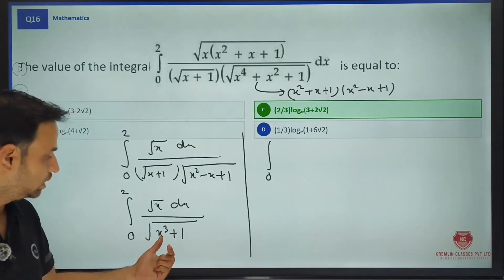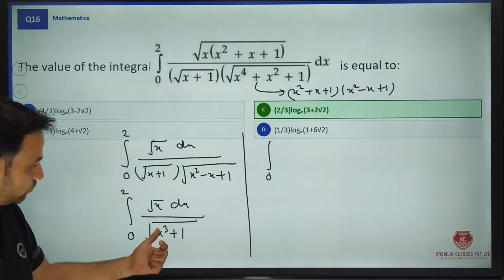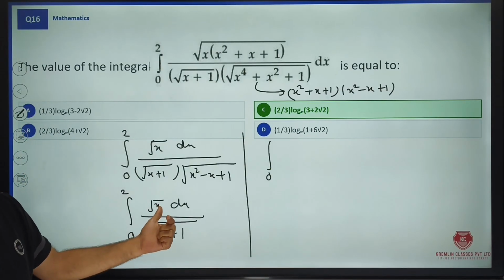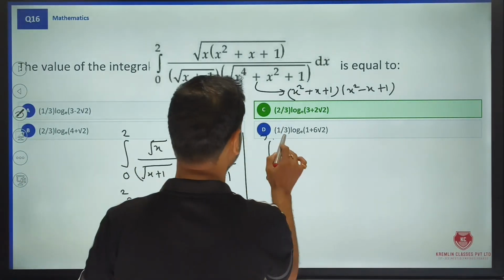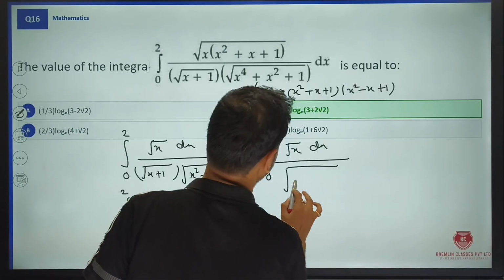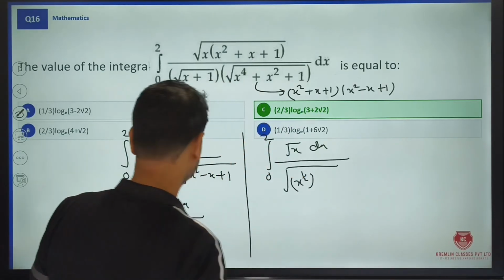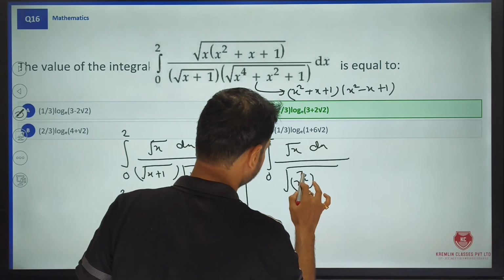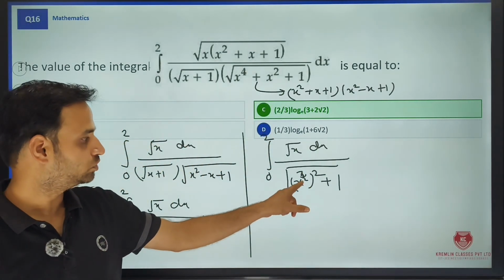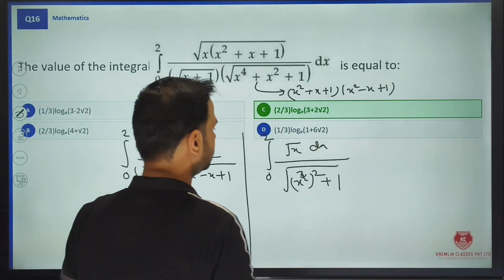We have to make something whose differentiation should become root x. So 0 to 2 root x dx upon, we have to write it as x power 1 by 2, 3 by 2, and 2 plus 1. Now you see when we are cutting, it will become again x to the power 3.